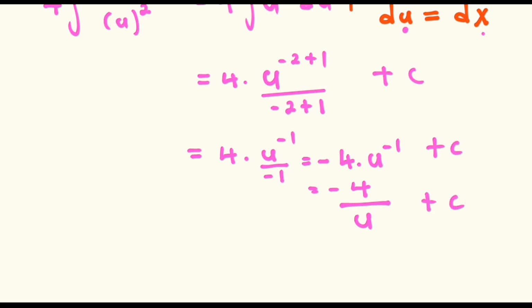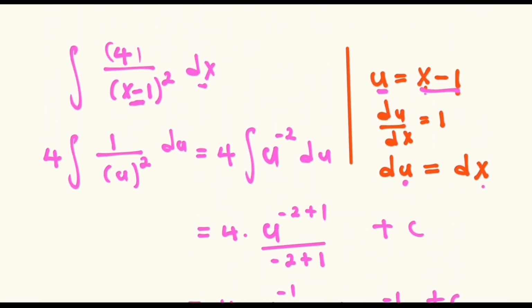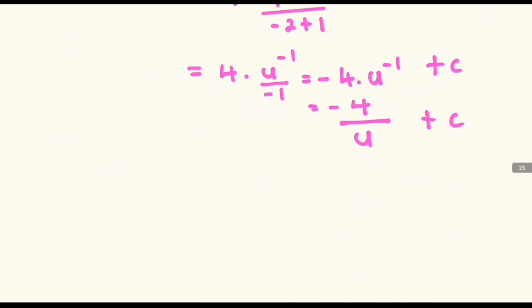So in the place of u, we substitute back the x minus 1. Finally, this will be equal to negative 4 divided by x minus 1 plus c.